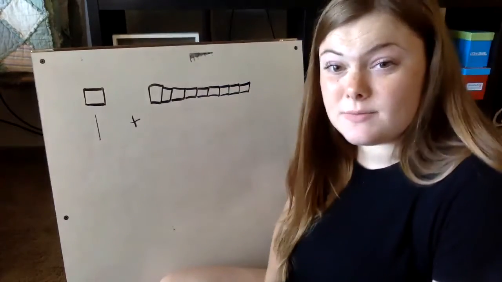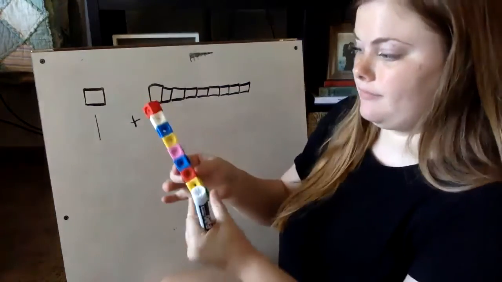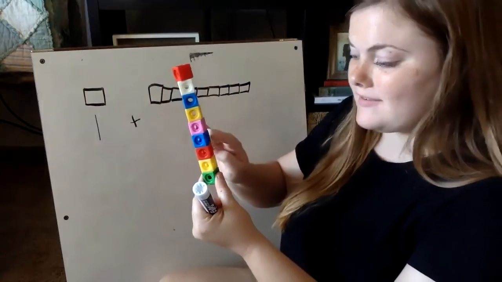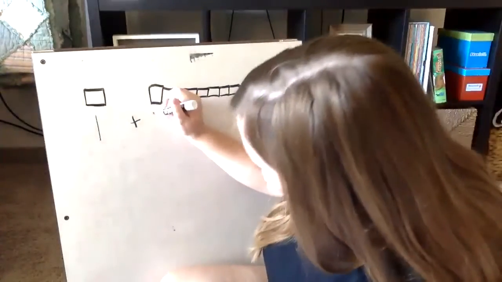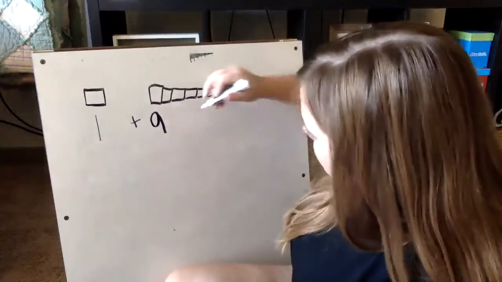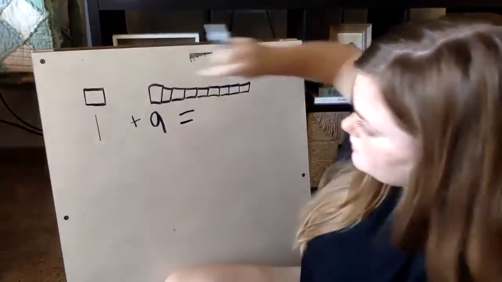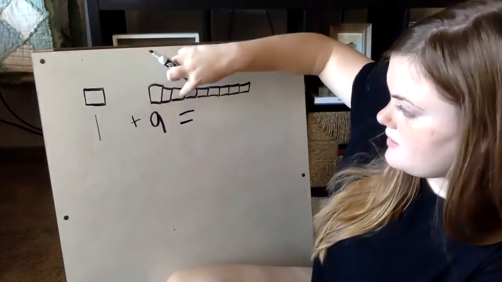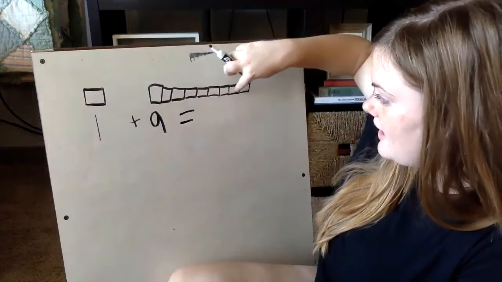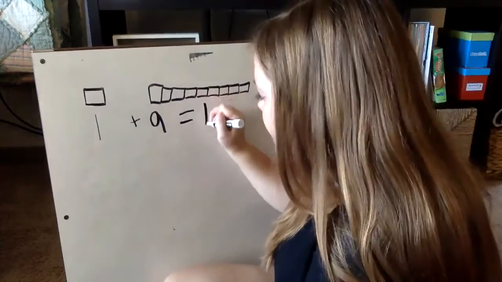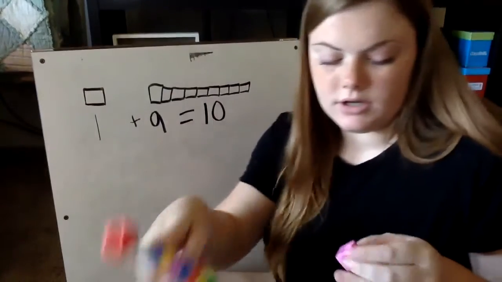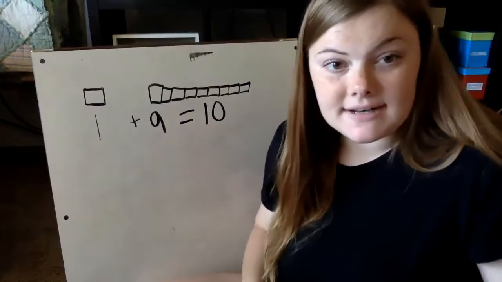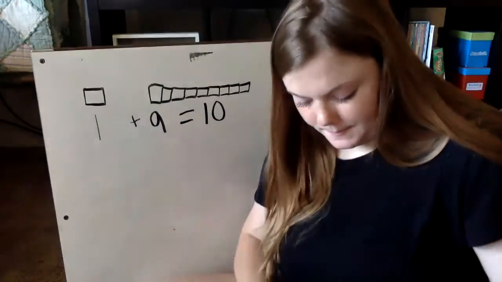That's how many cubes I have over here, right? So I'll write my number 9 equals 1, 2, 3, 4, 5, 6, 7, 8, 9, 10. It equals 10. Okay, so we figured that out. I'll put it back together and we'll try a new one.